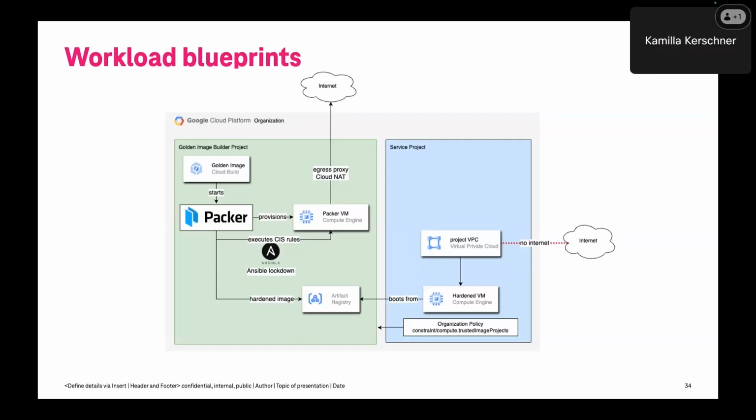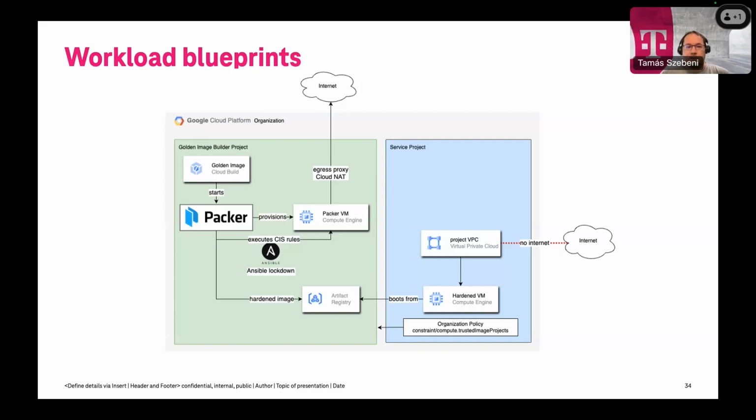And now I would like to talk to you about typical workload blueprints that we deploy to the customers. Some of these are publicly available. In those cases, these diagrams, these images have links that you can follow. For example, this blueprint I'm beginning with is an image building process, an image building pipeline. It shows how we build golden images.